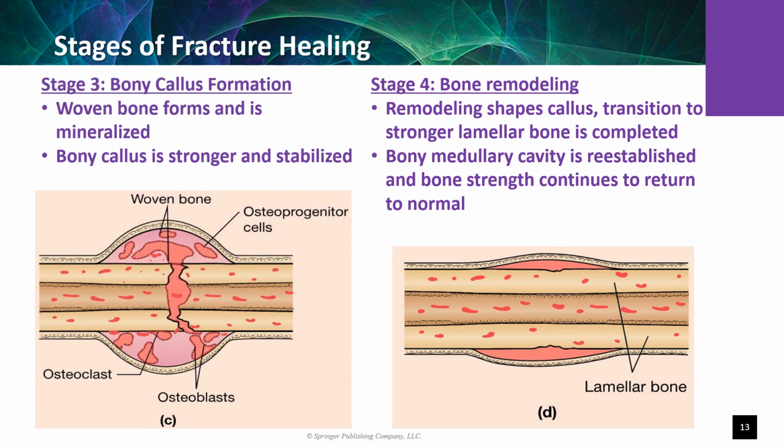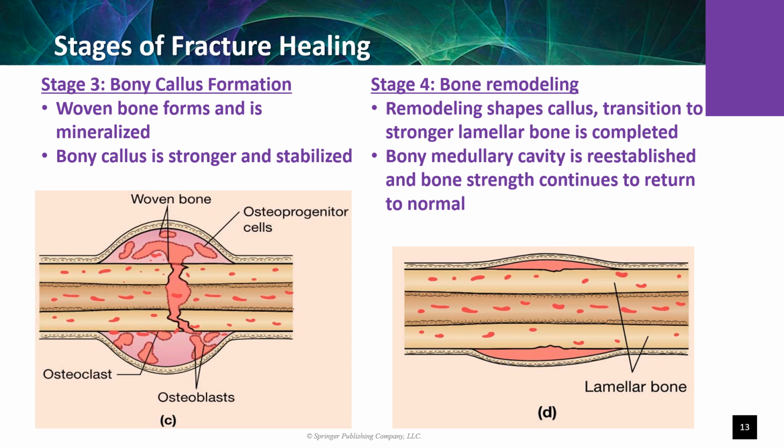In stage 3, the alkaline pH of the interstitial fluid surrounding the fracture site activates the osteoblasts that have migrated to the area, and the osteoblasts begin to secrete osteoid, which is an organic portion of the bone matrix. This is mineralized by the hydroxyapatite crystals.